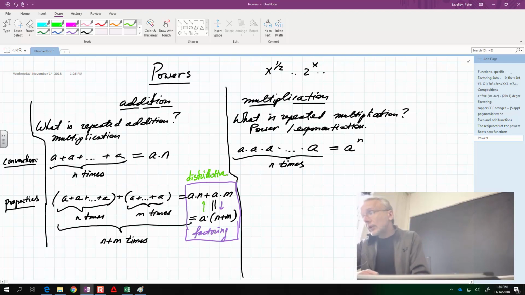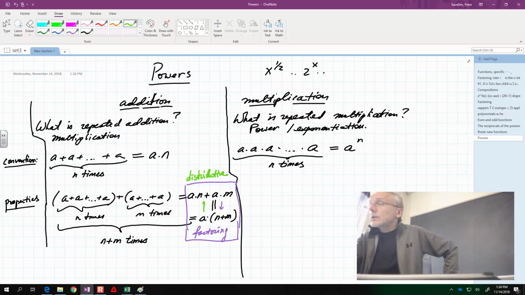You distribute a over n and m: you multiply a by n and you multiply a by m. But it's the same property, just read from left to right or from right to left. And where does it come from? There's nothing weird or new about it. You just count the number of times a appears. Does this sound familiar?